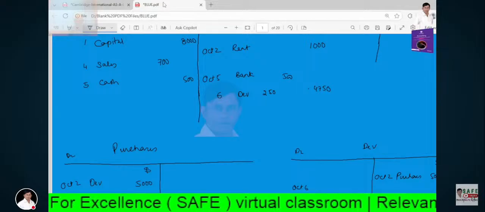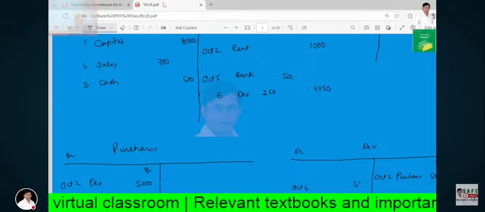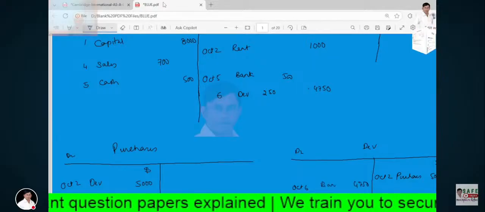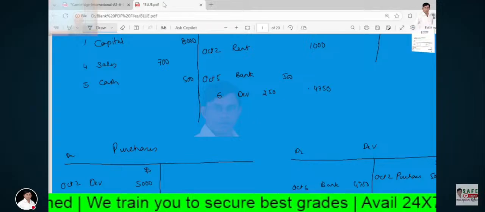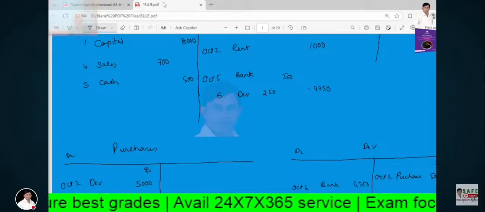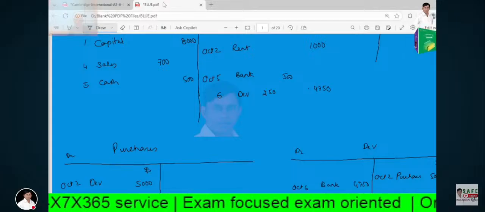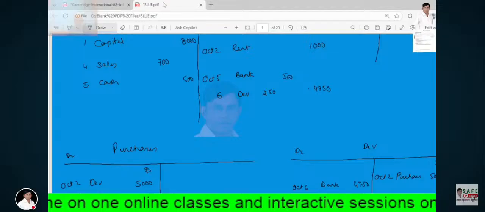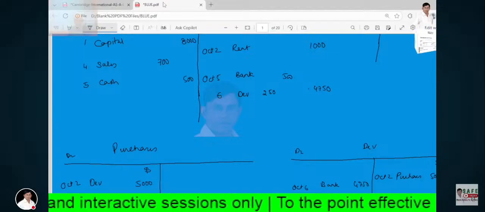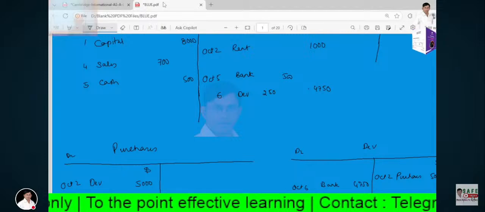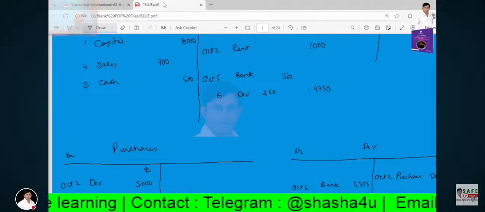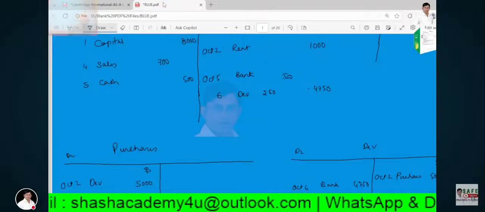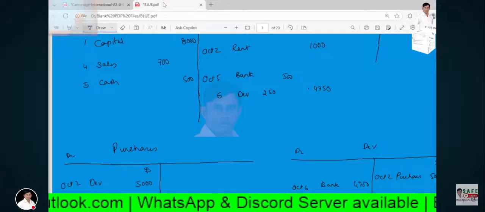How have we paid? We have paid bank 4,750 and discount received 250. And this we have to transfer to the discount received account.